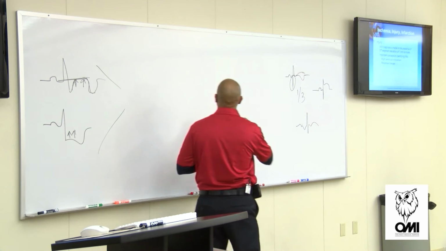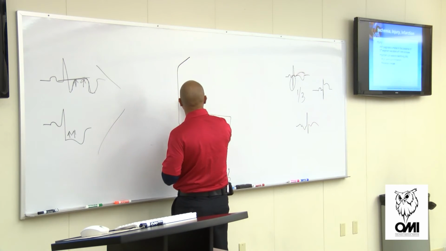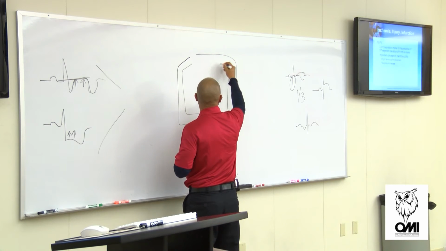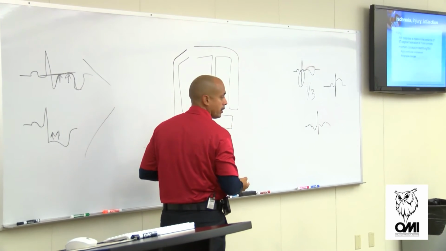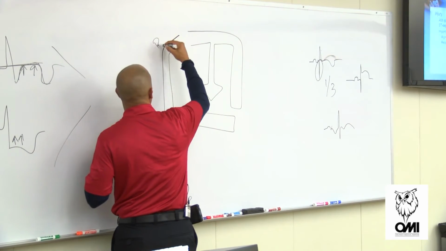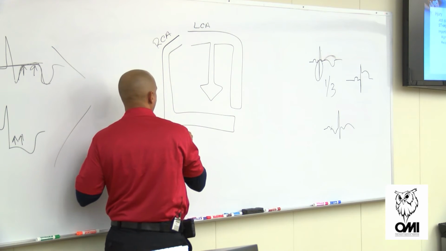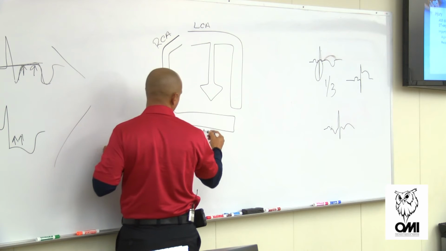All right. So we have the right coronary artery, right? We have the left coronary artery and the circumflex, right? So if I have a blockage here, it's going to jack up my leads right here.